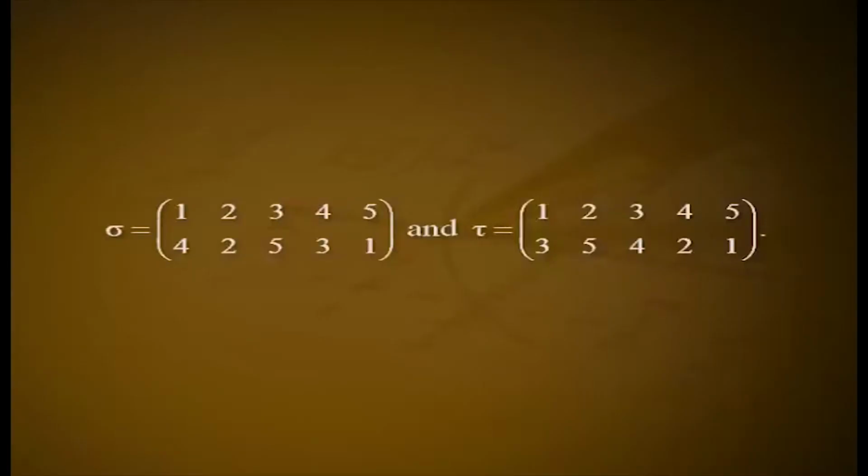Example 3. Suppose that A is equal to the set {1, 2, 3, 4, 5} and that sigma and tau are two permutations on the set A defined by sigma equal to 1 to 4, 2 to 2, 3 to 5, 4 to 3, 5 to 1, and tau equal to 1 to 3, 2 to 5, 3 to 4, 4 to 2, 5 to 1.